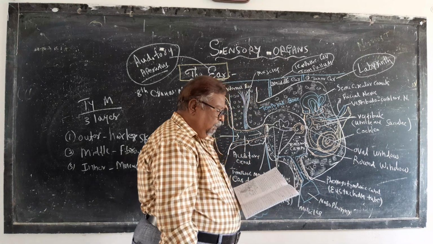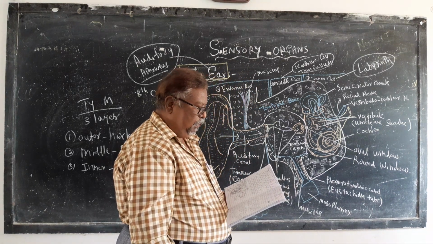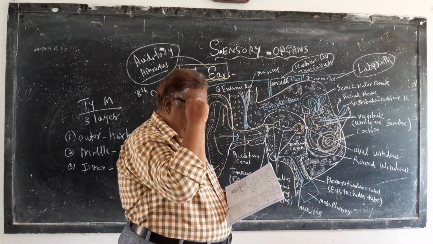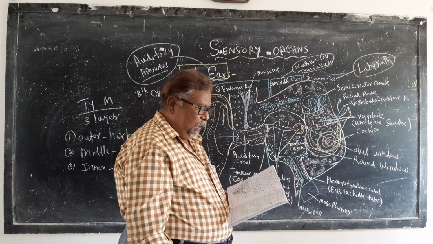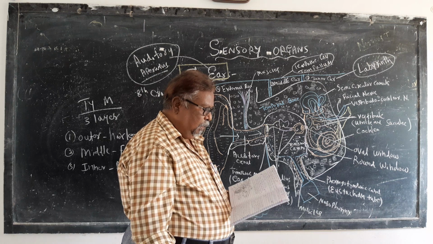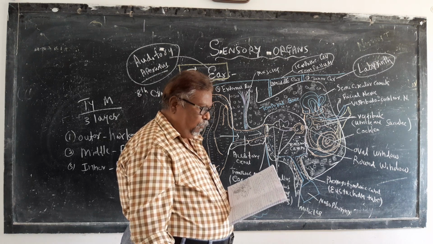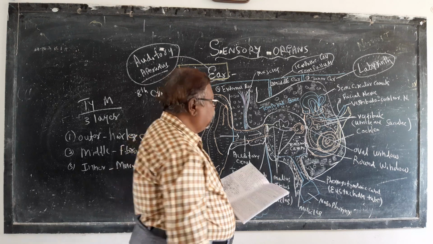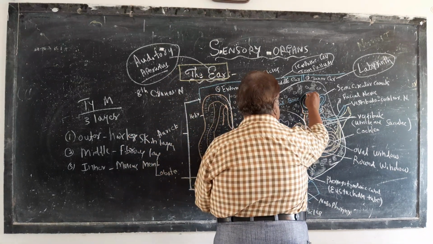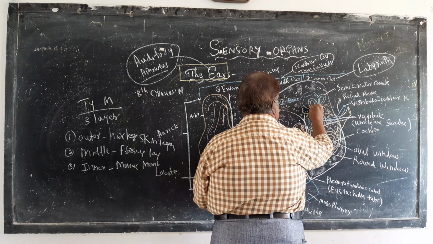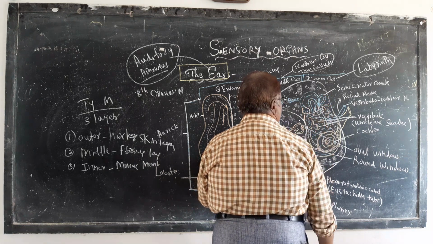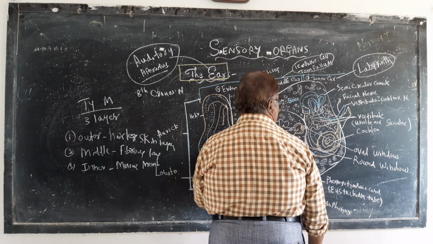The bony labyrinth, the first one, is lined by periosteum, and within the bony part the membranous part is suspended in a watery fluid called perilymph. Here you can see the perilymph, the fluid present inside the semicircular canals.